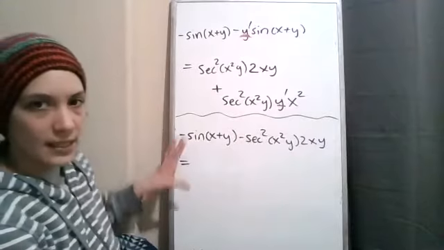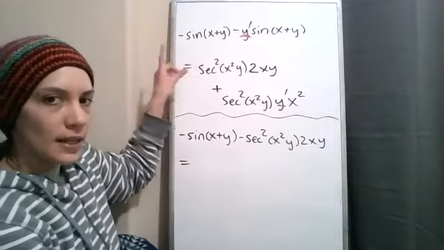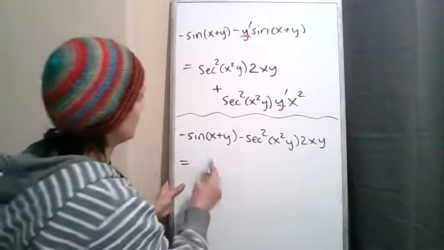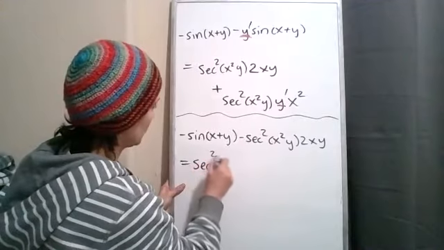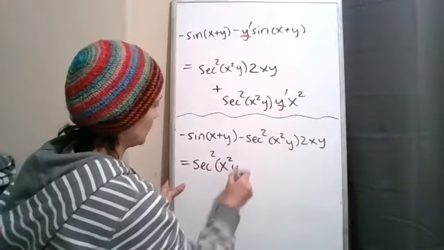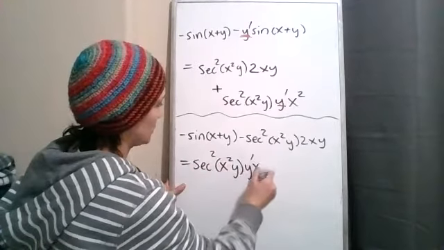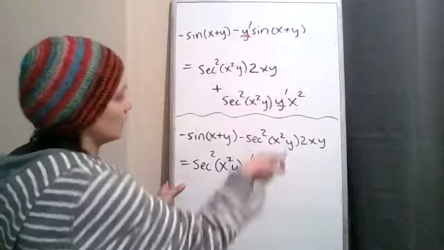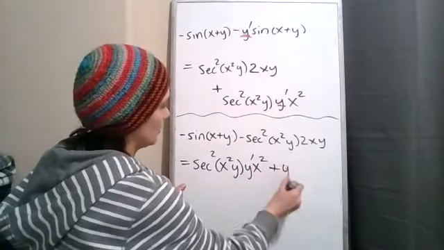So we're just taking this and working with that part equal to secant squared x squared y prime x squared plus y prime.